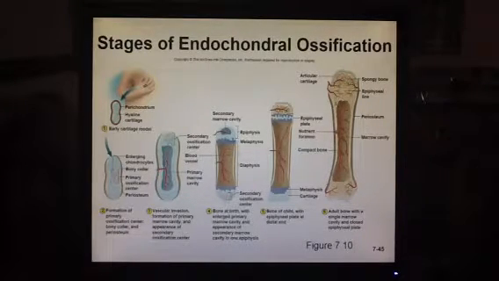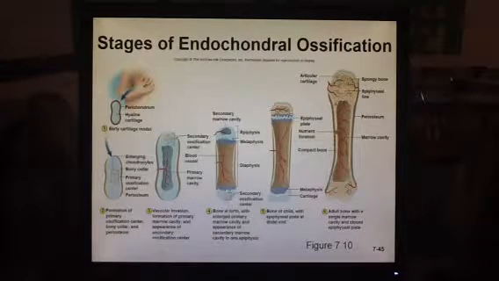And then that sixth picture is the adult bone with a single marrow cavity and a closed epiphyseal plate.